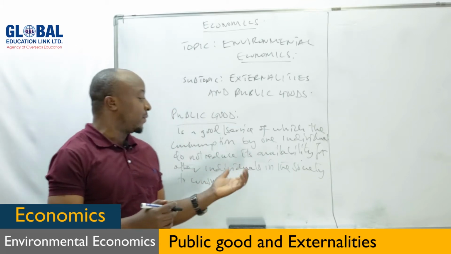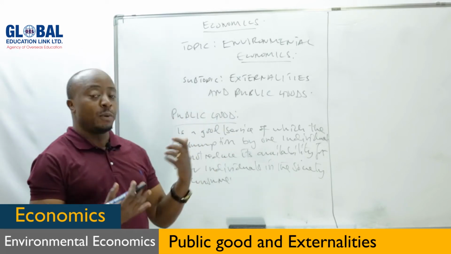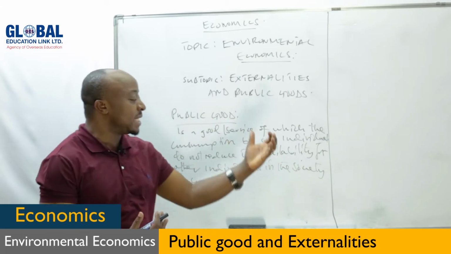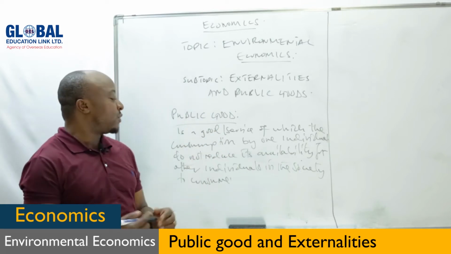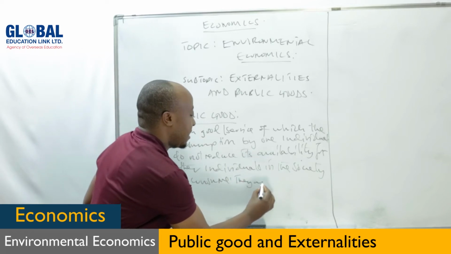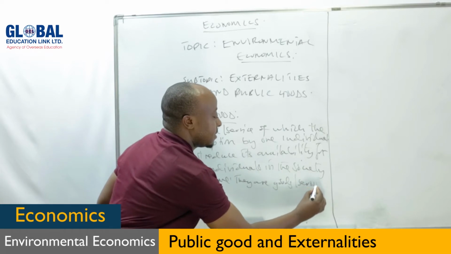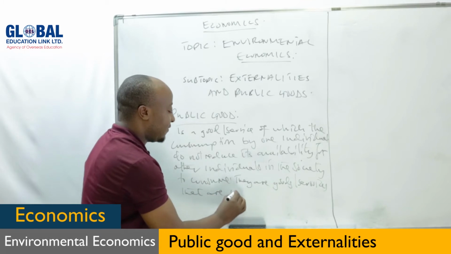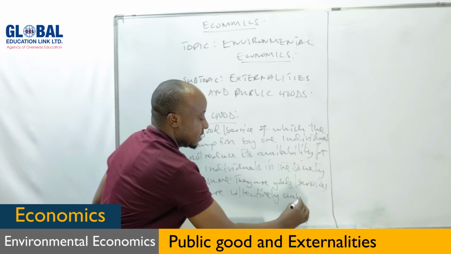So when we say public good, we refer to all kinds of goods which, when produced and one person is consuming that good, it does not reduce the possibility of another person to use it. It means that good is there to be used collectively. That means we can also say they are goods or services that are collectively consumed.